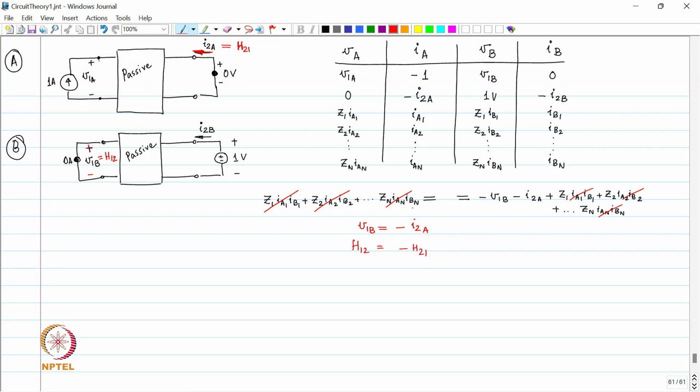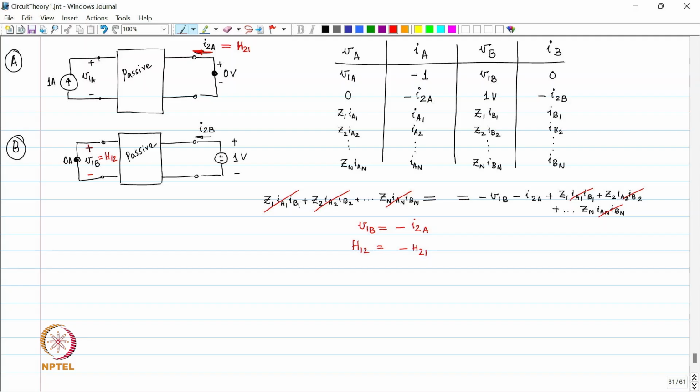This cancellation would happen in Tellegen's theorem. Why can't you have it? Tellegen's theorem is always applicable. You can always apply Tellegen's theorem. So, even if you had some minus 10 ohm resistors inside, even then this would be valid, even though the network was active.